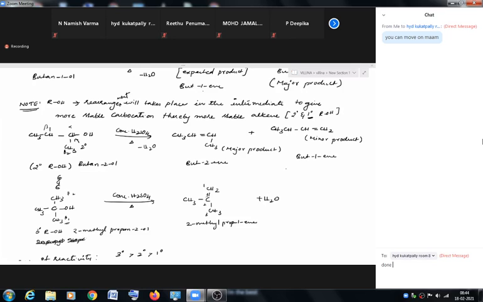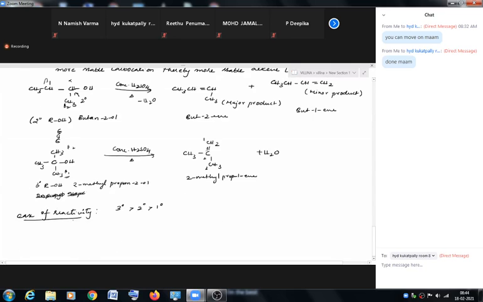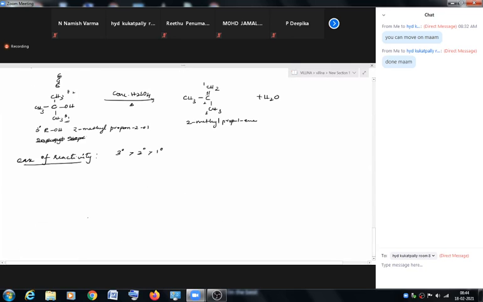All right, can we start the mechanism? Yes, okay, let's start. So take down the side heading as mechanism and take the tertiary alcohol only as our initial reactant.